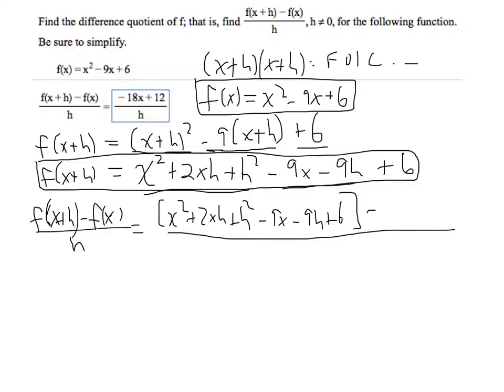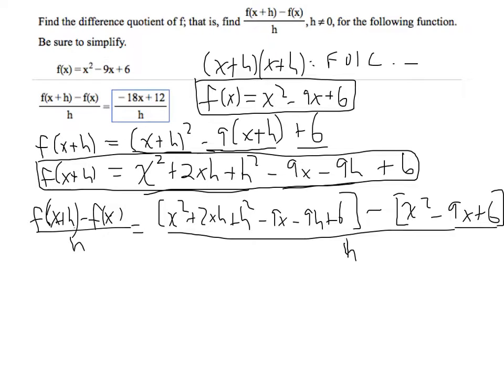I'm subtracting, again in parentheses, the expression that's up there for f of x. So again, this is f of x, so that's what I've written here. So it's the first thing minus the second thing, but I've used parentheses to indicate it's all of this minus all of that, and then that's divided by h.